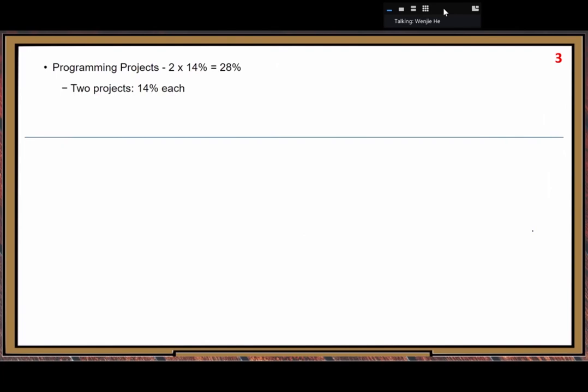Because for this course, we do not require our first web programming course, 3010, as the prerequisite. We do not require that. So I need to make arrangements so that even students without web programming knowledge can still complete the 2 programming projects.